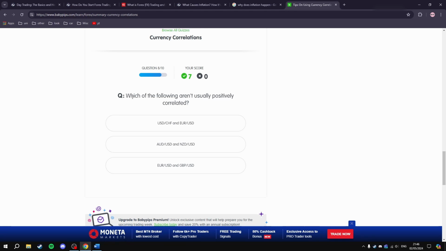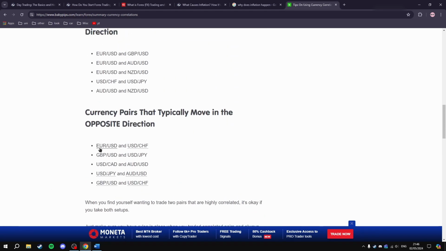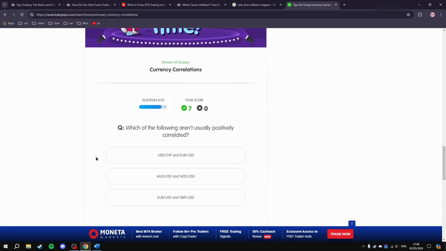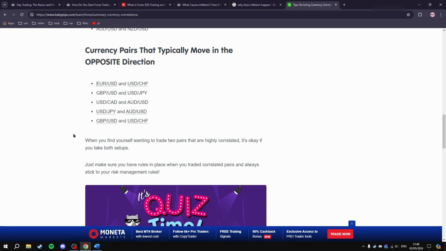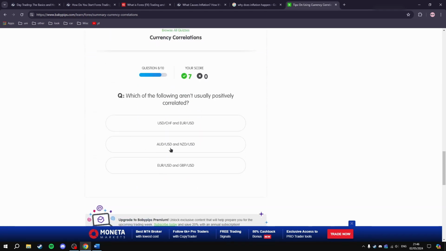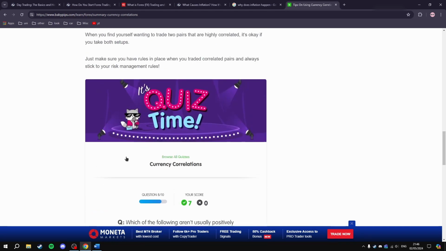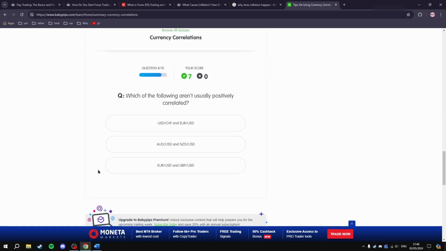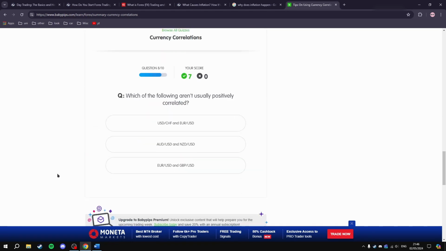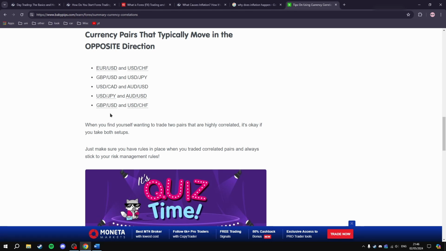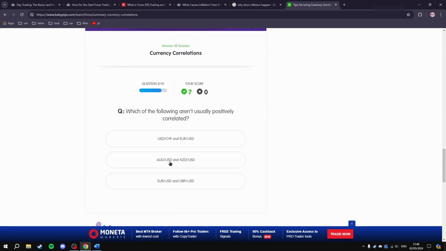Which of the following aren't usually positively correlated? Oh, I don't remember this. EUR/USD and USD/CHF. GBP/USD and USD/JPY. USD/CAD and AUD/USD. USD/JPY and AUD/USD. No. GBP/USD and USD/CHF aren't usually positive.